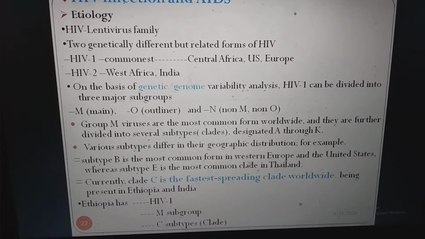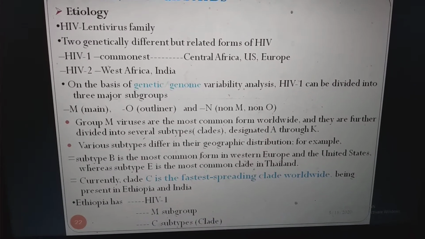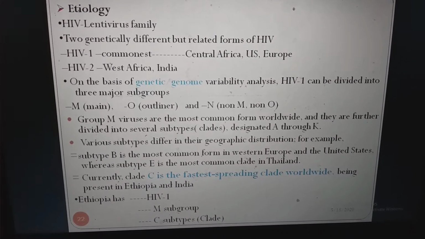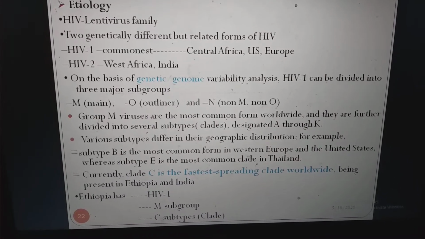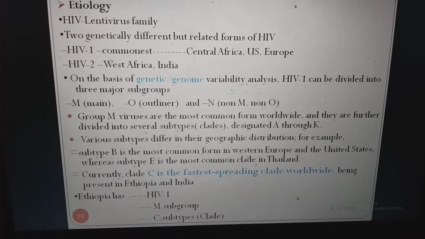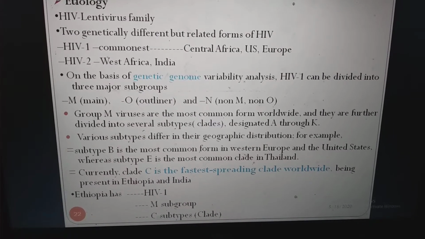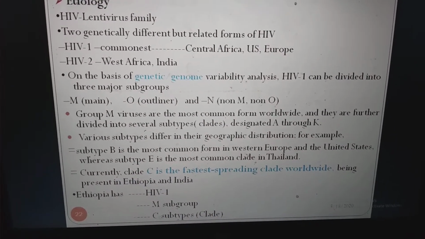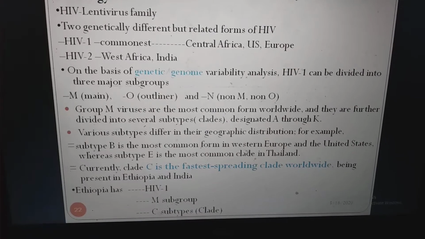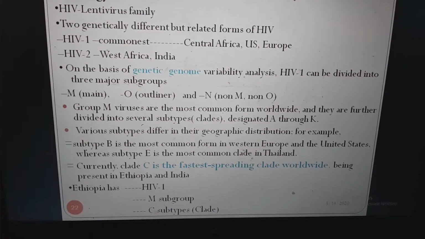Group M viruses are the most common form worldwide, and they are further divided into several subtypes, or clades, designated A to K: A, B, C, D, E, F, G, H, I, J, K. Virus subtypes differ in their geographic distribution.